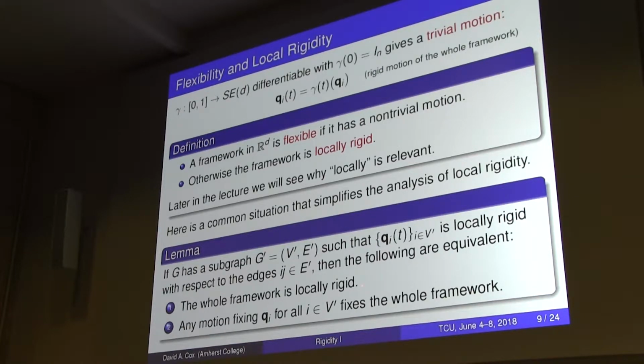If I want to analyze local rigidity for the whole framework, it suffices to take a motion that fixes all the stuff in the subgraph, and if you can prove that something that fixes everything in this subgraph then fixes the whole framework, that basically proves local rigidity. So that's a little easy argument. And you'll see that this is going to simplify some of the examples I'm going to do.